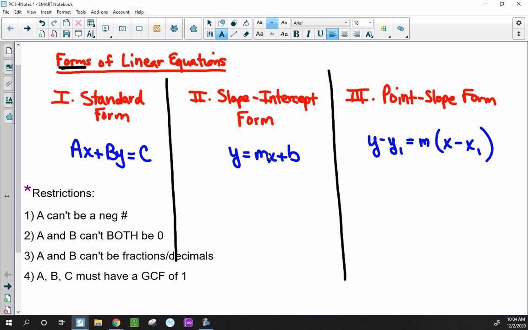Slope-intercept form is the one that you're most used to because you've used it with graphing. The slope is m again, and the b stands for y-intercept.